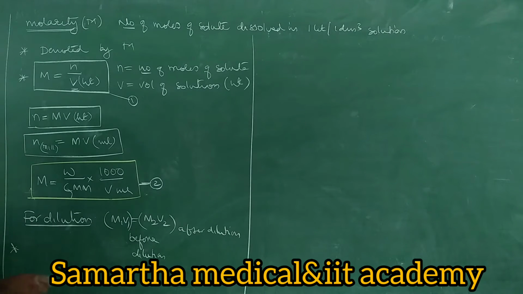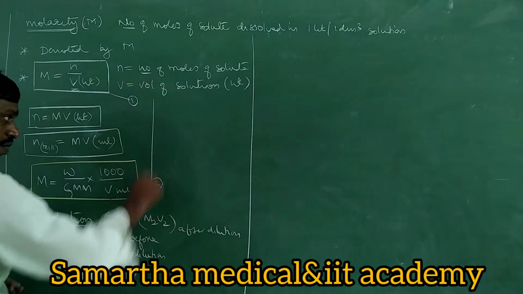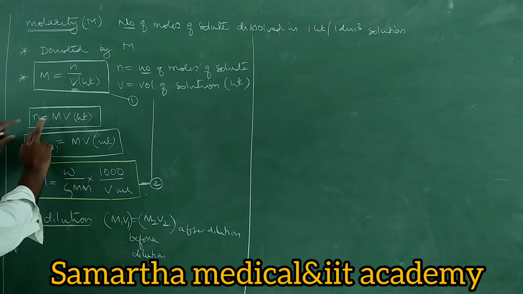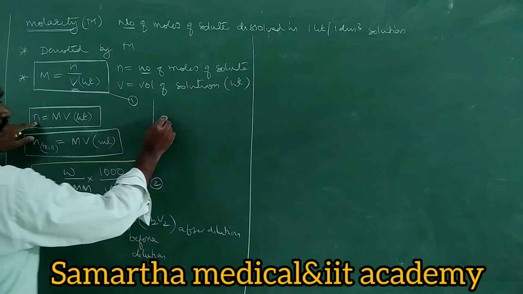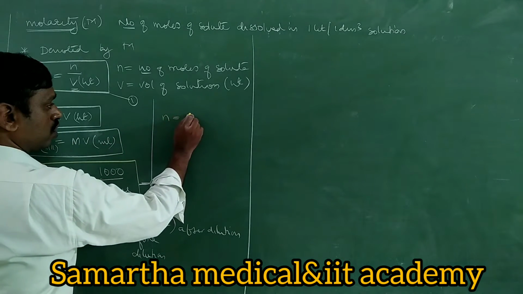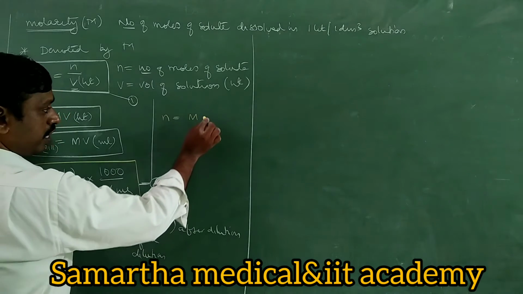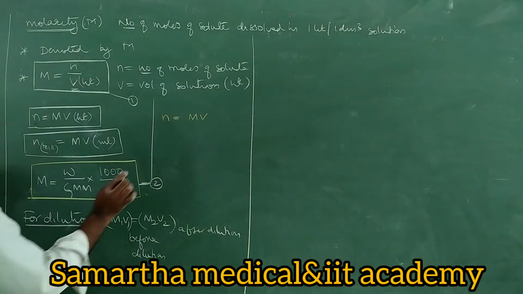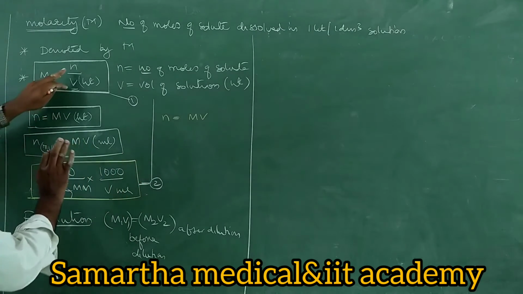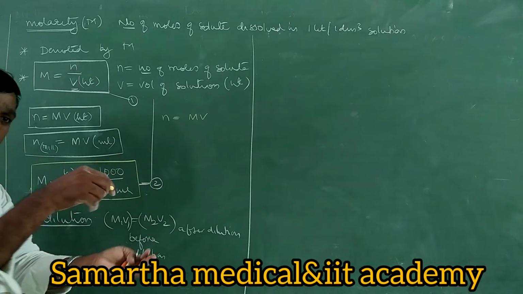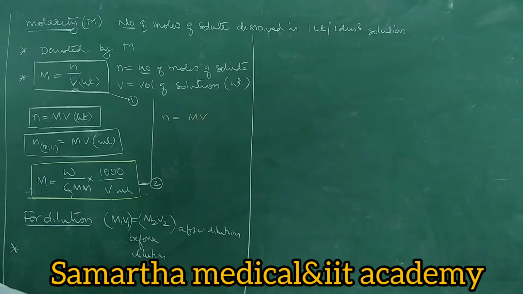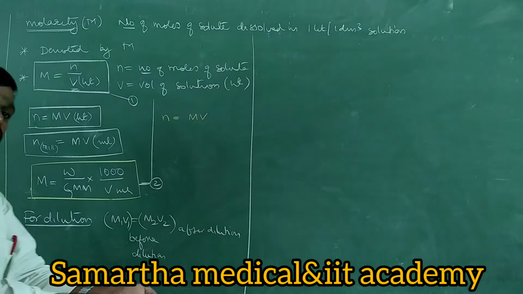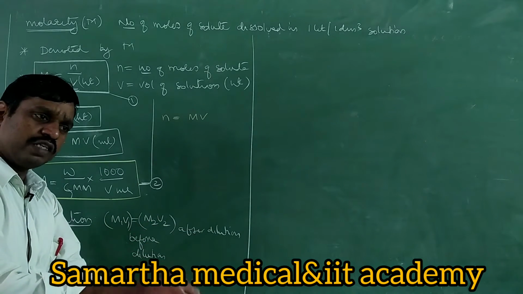The volume of solution is changing, but the number of moles does not change, because see this equation: number of moles is equal to molarity into volume. For example, if you take 10 moles of hydrochloric acid in the beginning, when you add water, does the 10 moles become 20 moles?